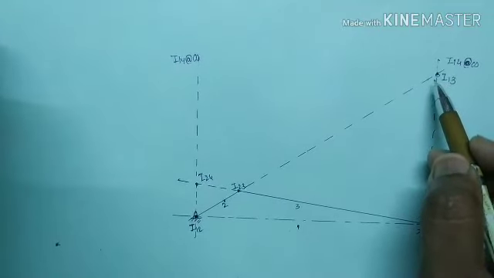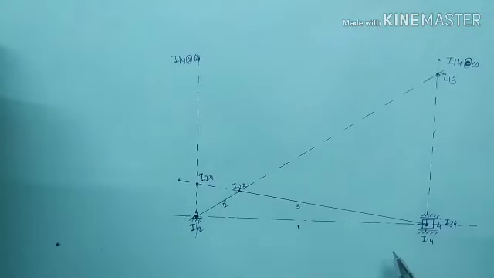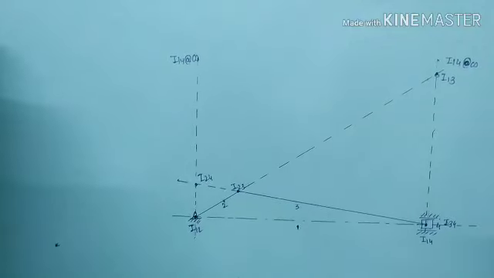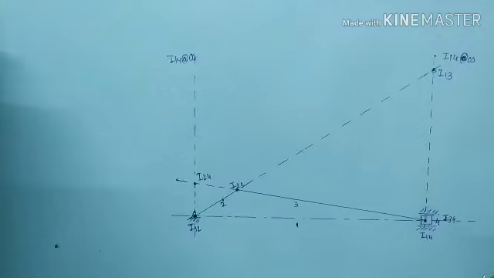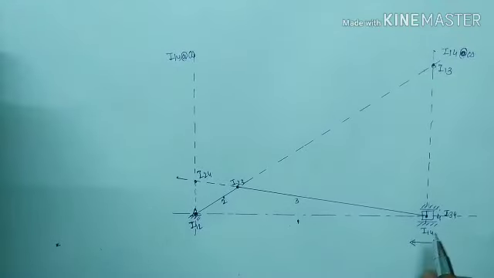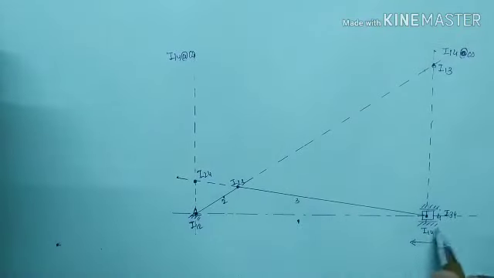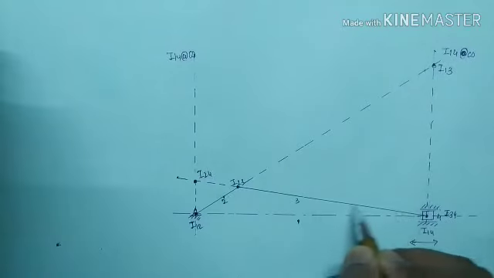So first of all, we have to take care of the slider, that is, we have to find out the velocity of the slider and the velocity of the connecting rod. As the slider movement is horizontal, the slider is moving in this direction, so the velocity of point I24 is lying on link 4.